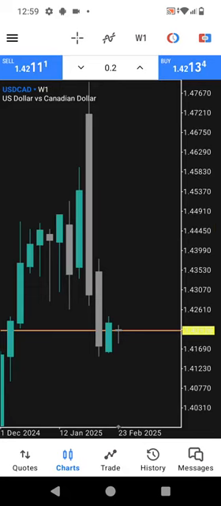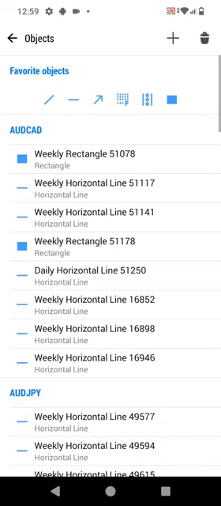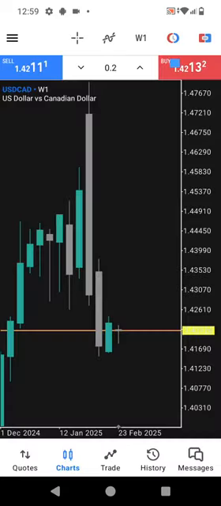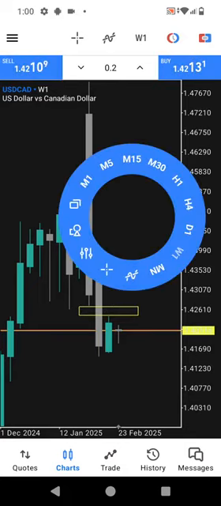USD card. So we can mark this weekly fair value gap here.